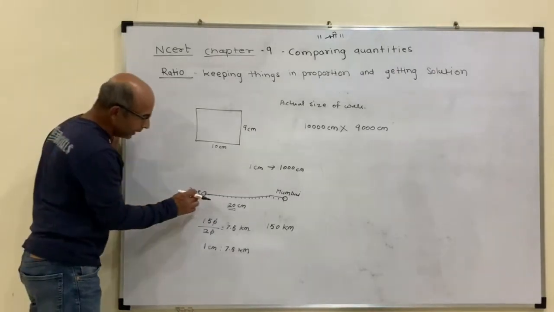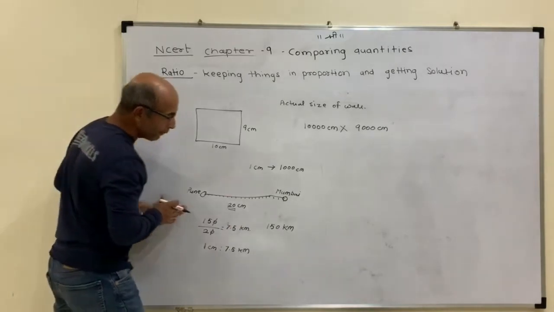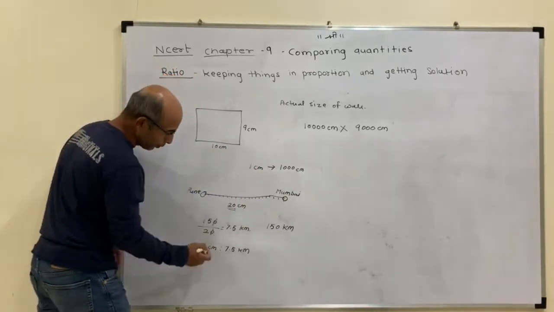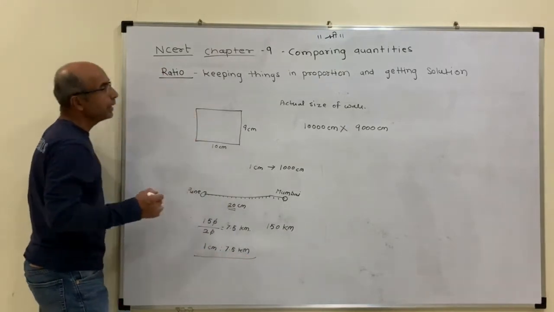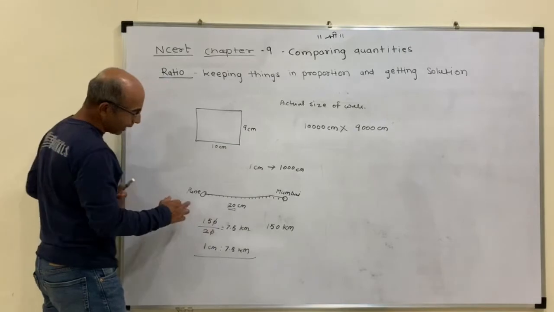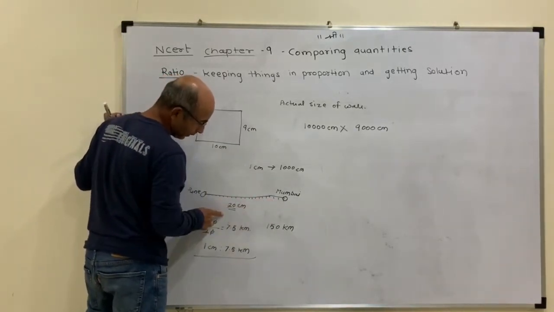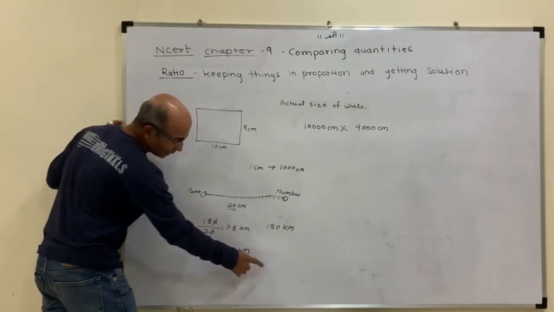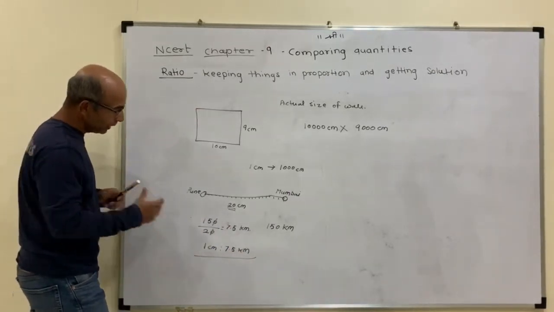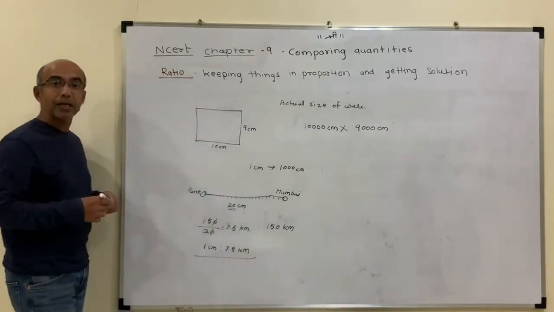So each piece here is 7.5 kilometers, but I can't show 150 kilometers on the board. So to get the realistic solution, I show it in proportion. The distance here is 20 centimeter, and if 1 centimeter is equal to 7.5 kilometers, then 20 centimeters comes out to be 150 kilometers.